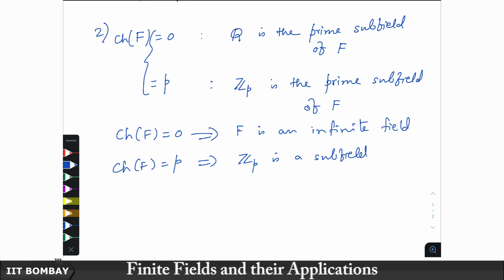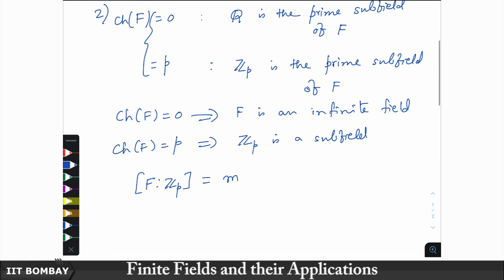And if f is indeed a finite field, then we know that it must be an extension field of Z_p, and so it will have a dimension which is finite over Z_p. So, f colon Z_p is, suppose this number is m, then that means that the size of f is p power m.